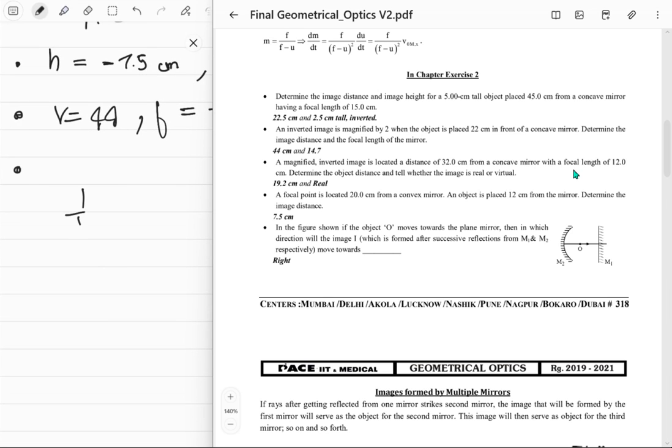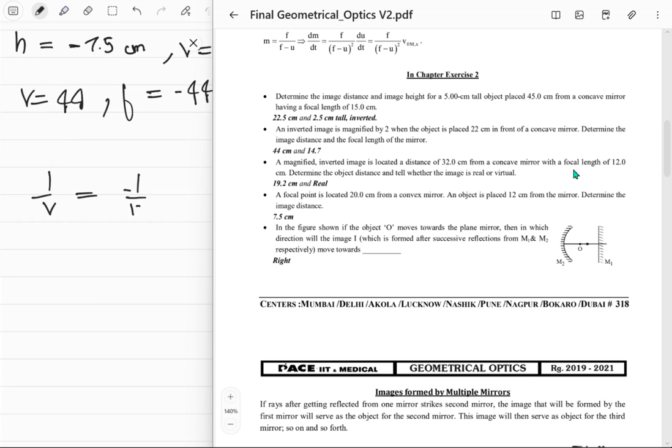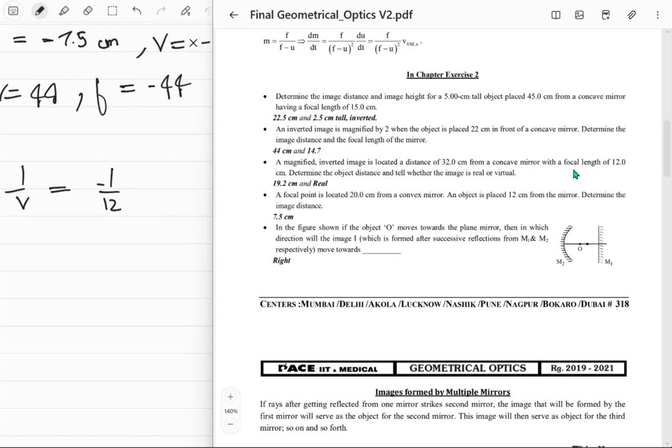So 1 upon u is equal to 1 upon f, which is negative 1 upon 12, minus 1 upon v. So it's going to be plus 1 upon 32.